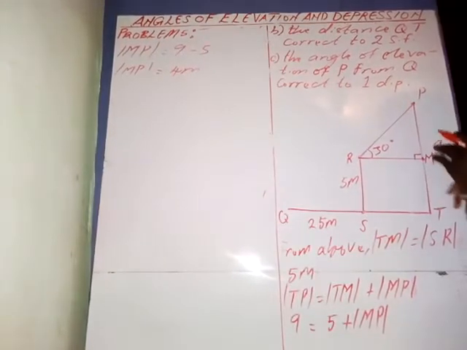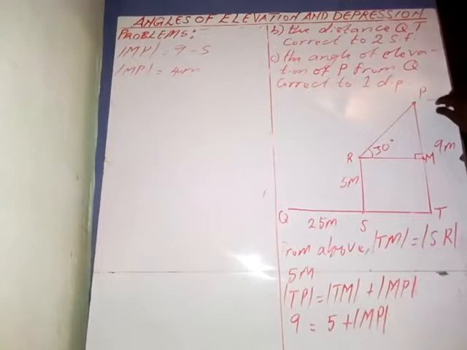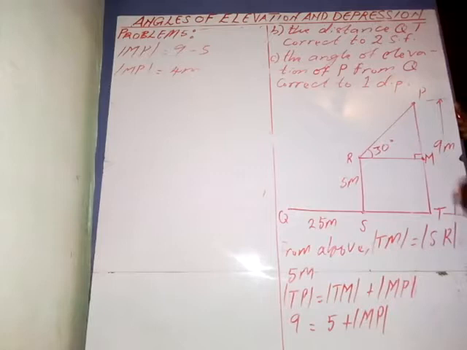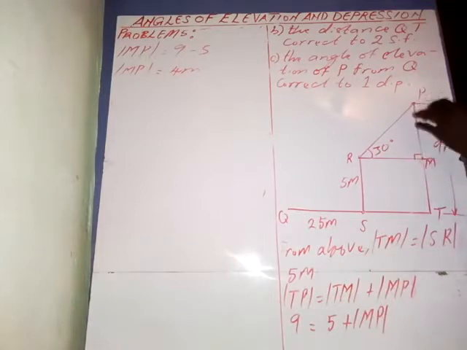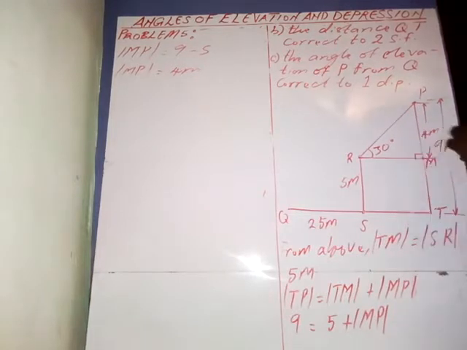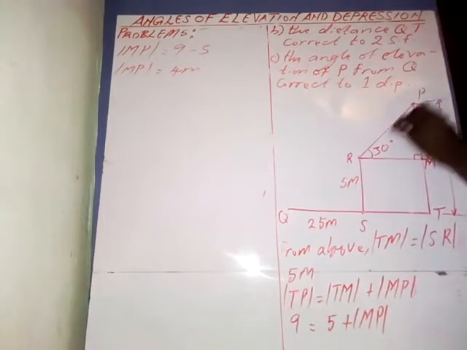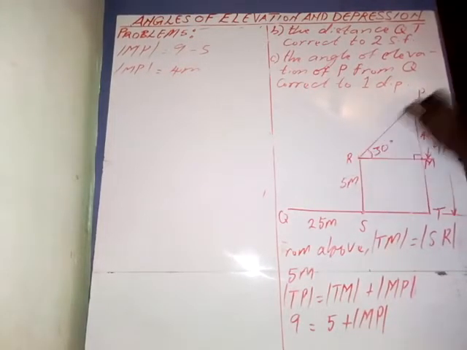All right, so now having gotten MP as 4 meters, I need PR, as said in the question that we should find distance PR.